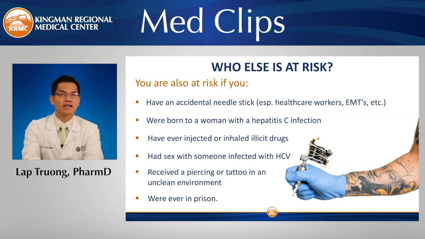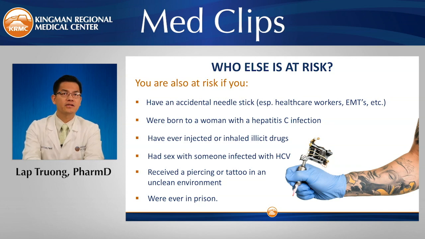Once again, I cannot emphasize enough, this is a very commonly seen pathway for the condition to go from one to another, very common. Had sex with someone infected with hepatitis C, like I previously mentioned on my second or third slide, this infection is transmitted via sexual contact and is blood-borne.